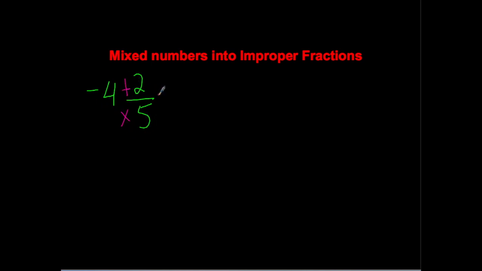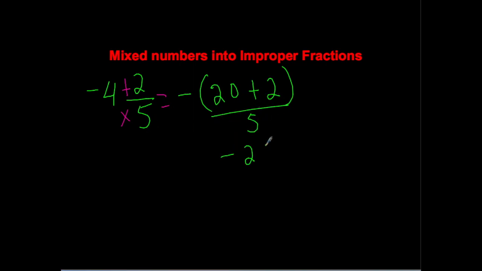The negative sign is separate from the whole operation, so negative. Now 5 times 4 is 20 plus 2, over the divisor. So this is negative 22 over 5. So this is your improper fraction.